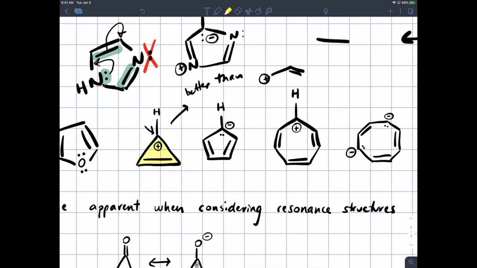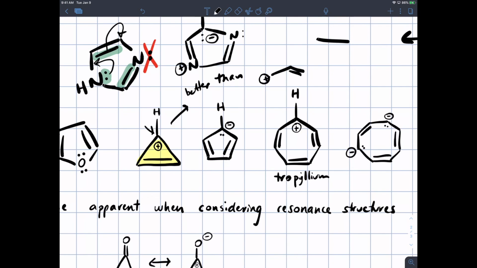The cyclopentadienyl anion is a stable anion. You can use it as a ligand for transition metals, and it's just fine. The 7-membered ring is called a tropylium. I'm not sure how to spell that. There might be a Y there. Tropylium ion.